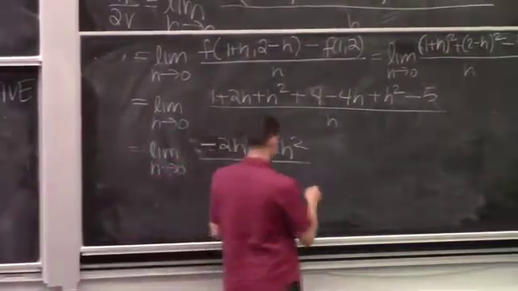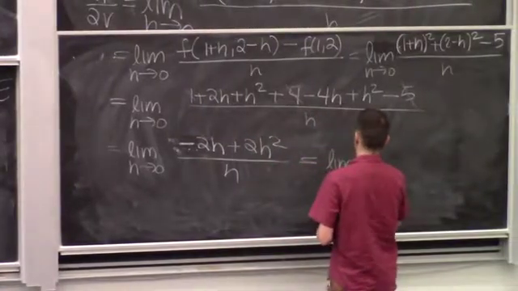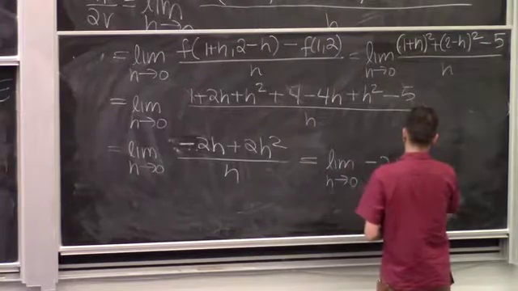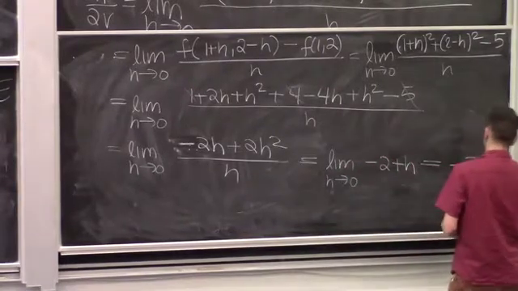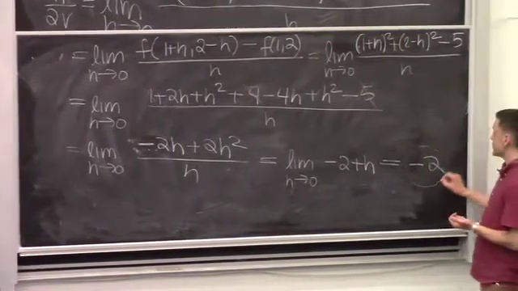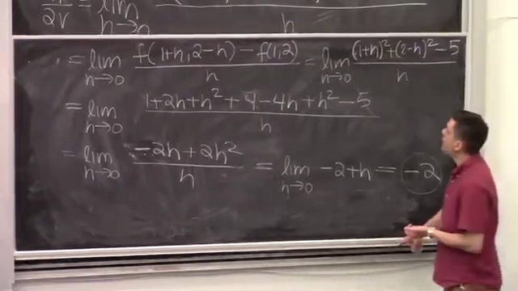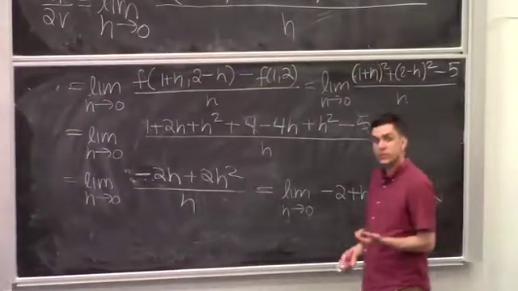We take the limit. And we get -2. Okay, so at that point and in that direction, our function is decreasing. Okay, we're going down. Okay, so that's what a directional derivative is.